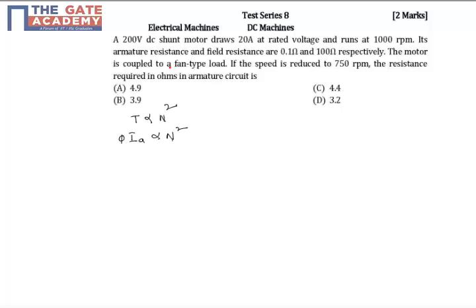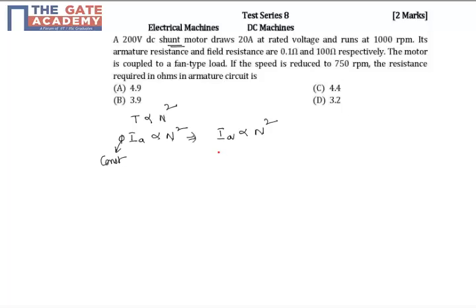Since it is a shunt motor, the flux is always a constant value. So that means armature current is proportional to speed square. Since the change in speed is given, you find out the change in current, and once you find the change in current, you can find out the resistance.